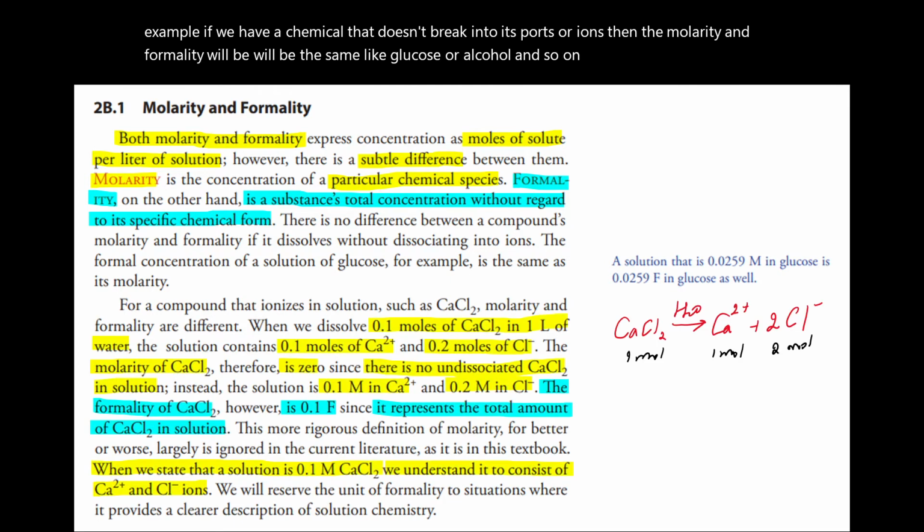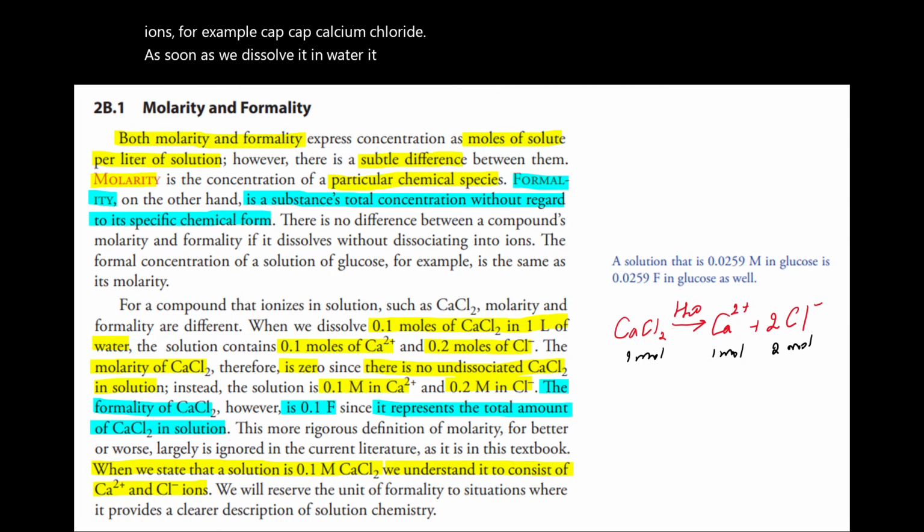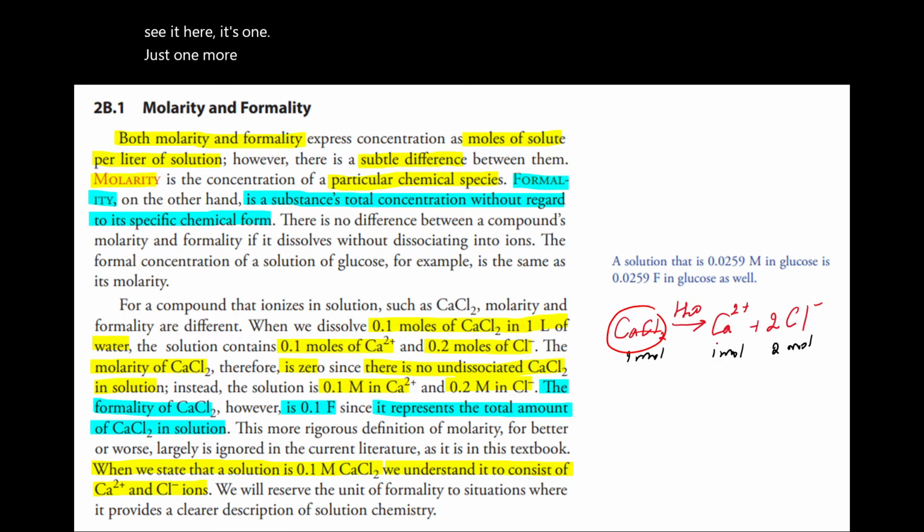But if we're dealing with ions, for example, calcium chloride, as soon as we dissolve it in water, it breaks down into calcium ions and chloride ions. As we see here, one mole of calcium chloride breaks down to 1 mole of calcium ions and 2 moles of chloride ions.